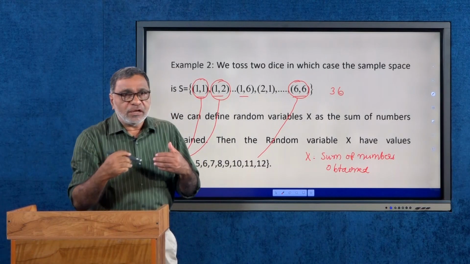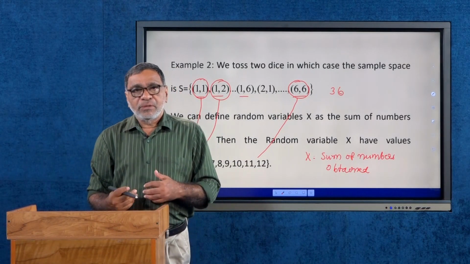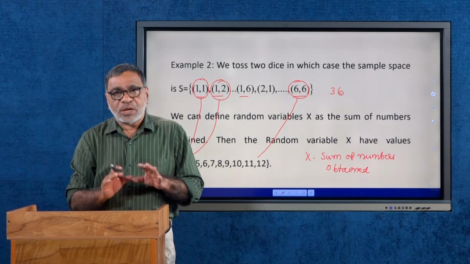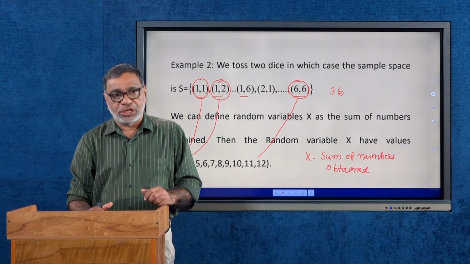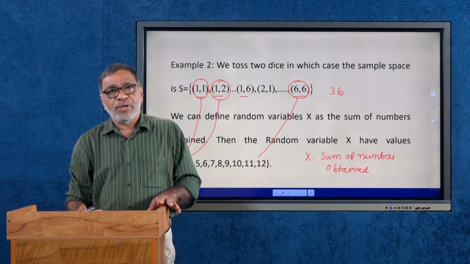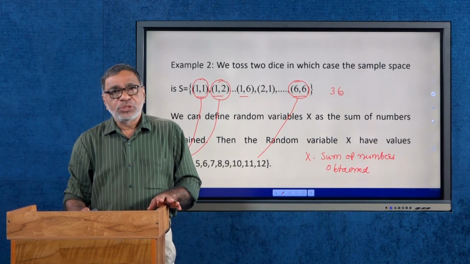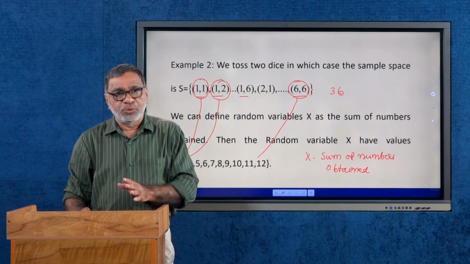So, the random variable X, defined as the sum of numbers obtained when throwing 2 dice simultaneously, has the values 2, 3, 4, 5 up to 12.